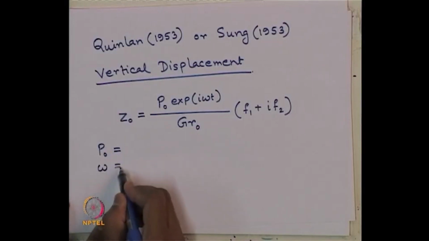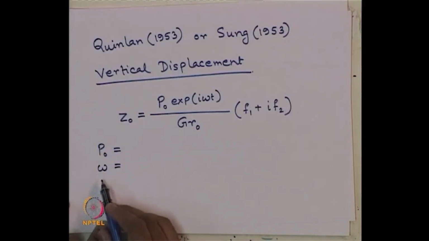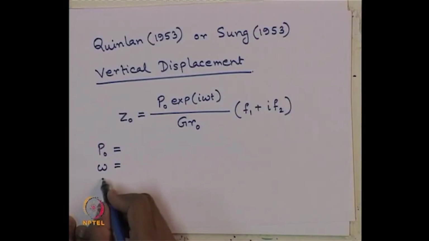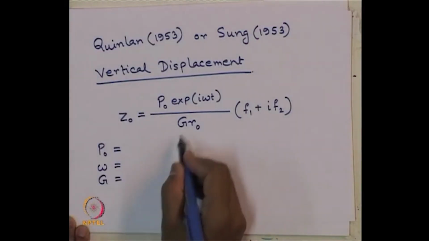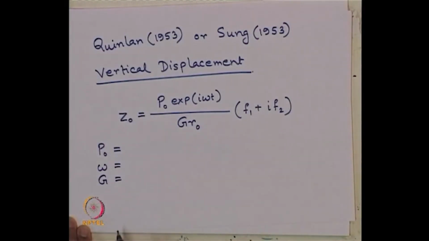What is omega? Omega is the exciting circular frequency for the force applied. G is nothing but the shear modulus of the elastic half space, means shear modulus of the soil. R naught is the radius of the circular contact area, as I have shown just now in the picture also.